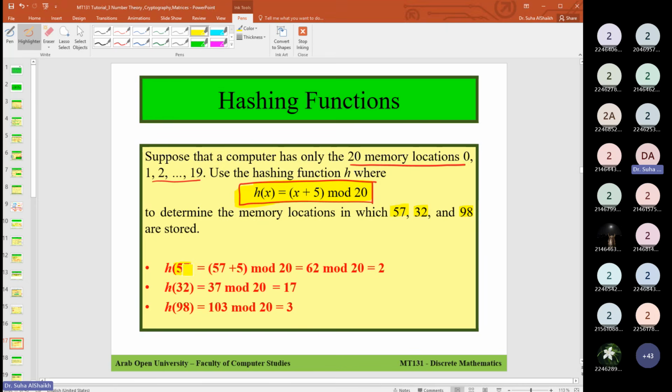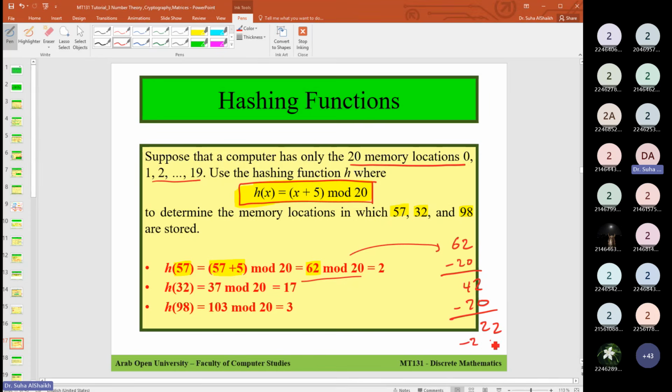Of 57 means 57 plus 5. 57 plus 5 is equal to 62. Mod 20 means the remainder of division by 20. How do I get 62 mod 20? I subtract 20 from it. This will be 42. Still, it's more than 20. I subtract 20 again. This is 22.